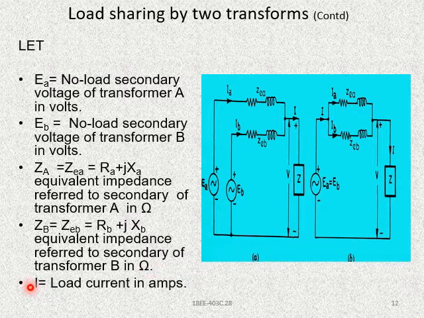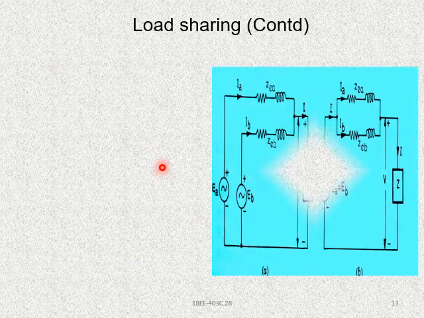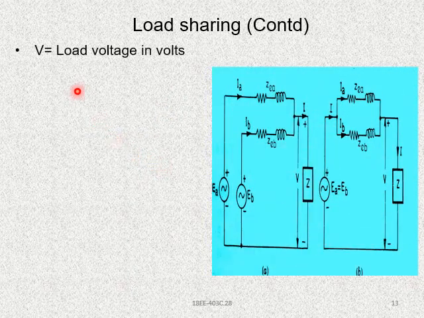Whereas I is the load current in amps, this is the I over here, the load current in amps. Whereas V is the load voltage in volts.